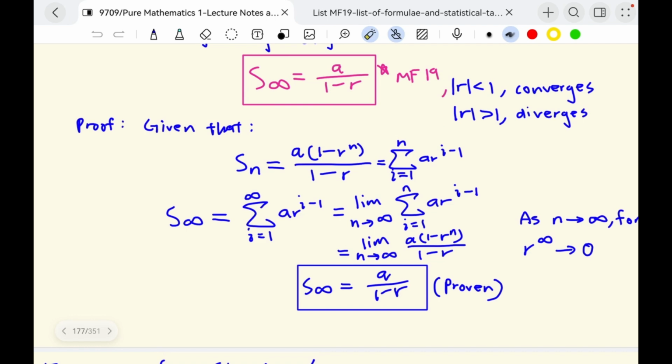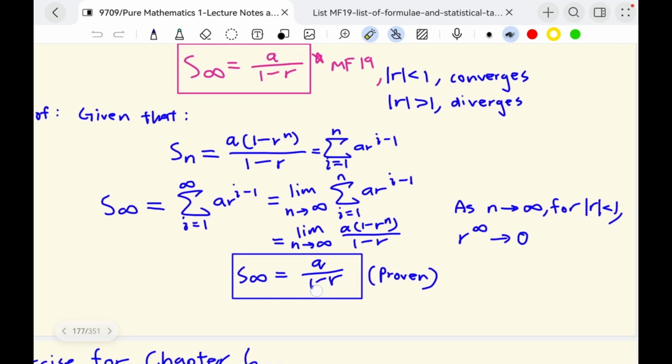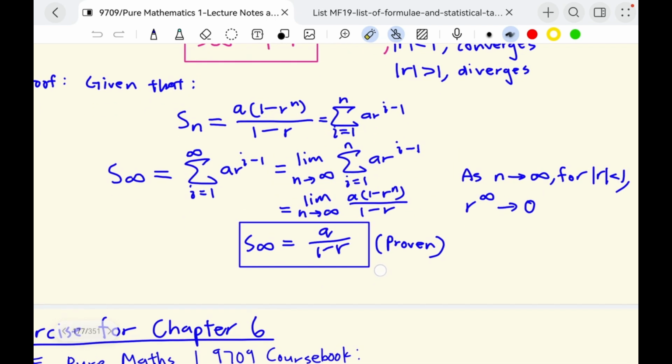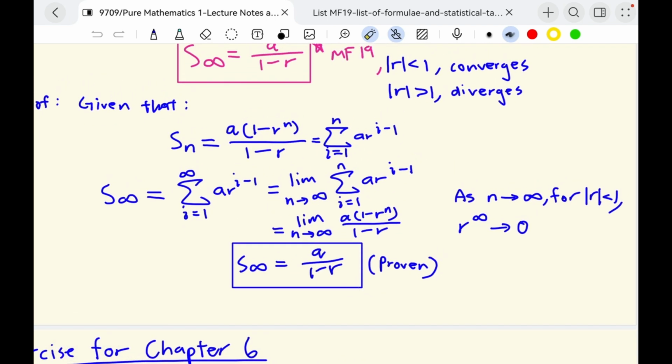To get the sum to infinity, replace n with infinity. Infinity is an unknown value, but we can evaluate it by taking limits, as n goes to infinity.